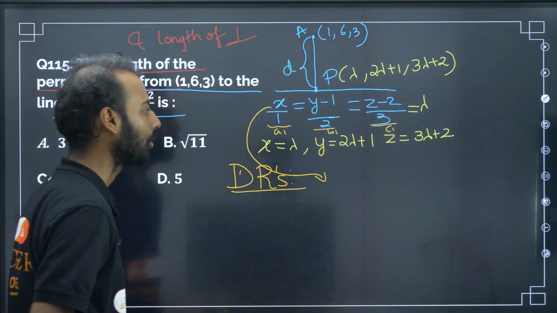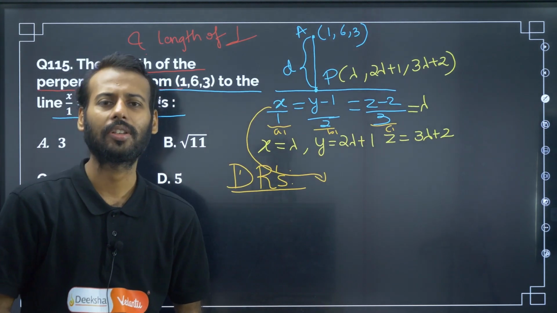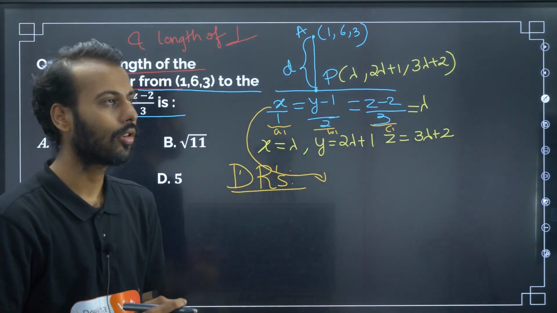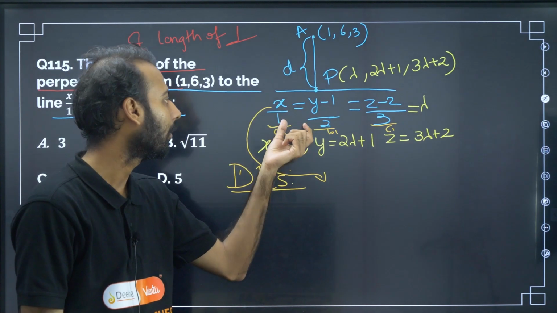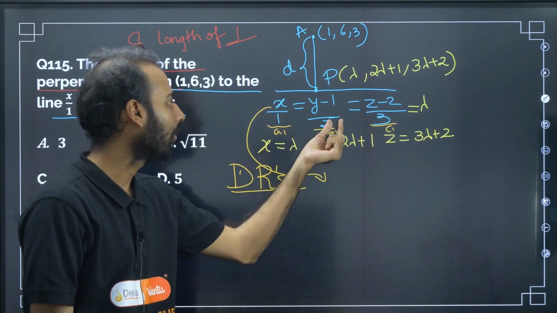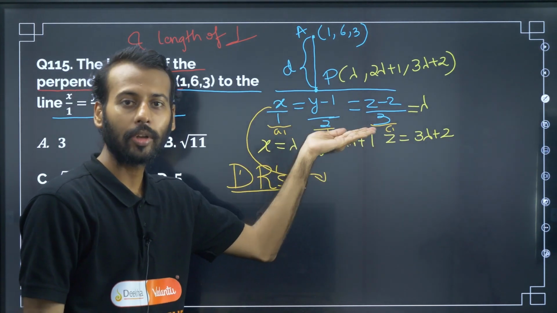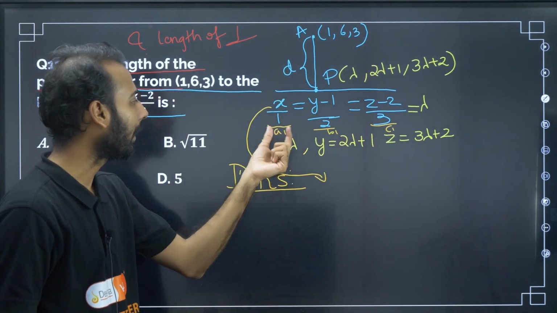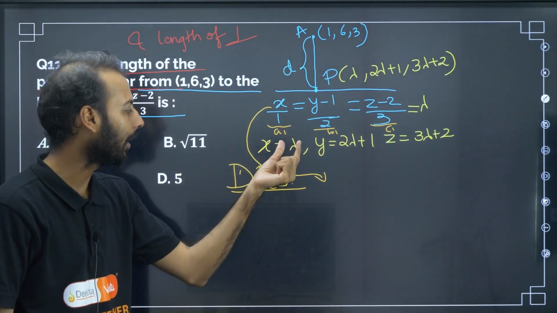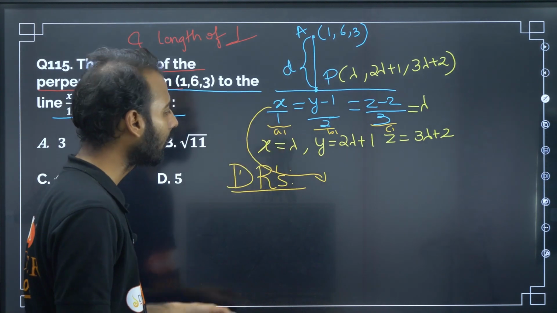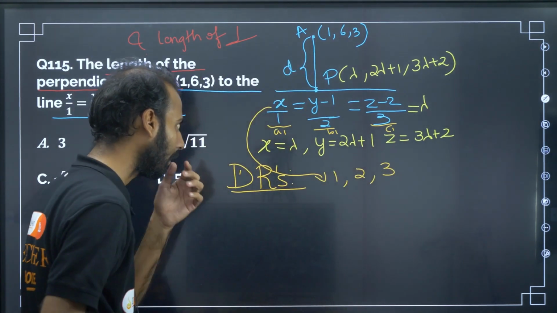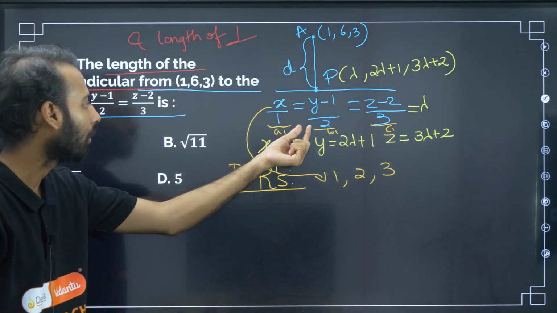These are direction ratios. If you have any question how these are direction ratios, open the NCERT book or any book in which the equation of line is there. In the Cartesian form, x minus x1 by a1, the denominator part will be the direction ratios. So direction ratios of this line are 1, 2, 3.